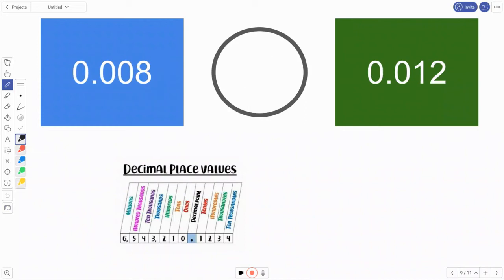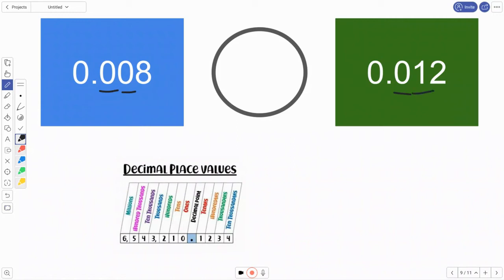All right, let's look at another one. Now this one's going to get a little bit trickier. I look at the first digit, the tenths spot, and I see there is a 0 in the blue number. There's a 0 in the green number. When they tie, when they are the same, we move to the second digit now. The tenths are the same. They both have no tenths, so now we're going to move to the hundredths. I see that there are 0 hundredths in the blue number.